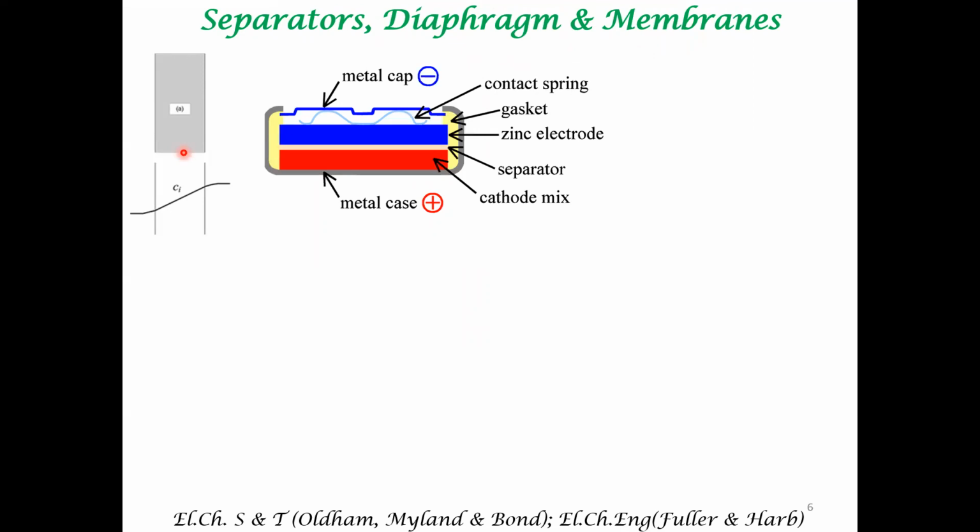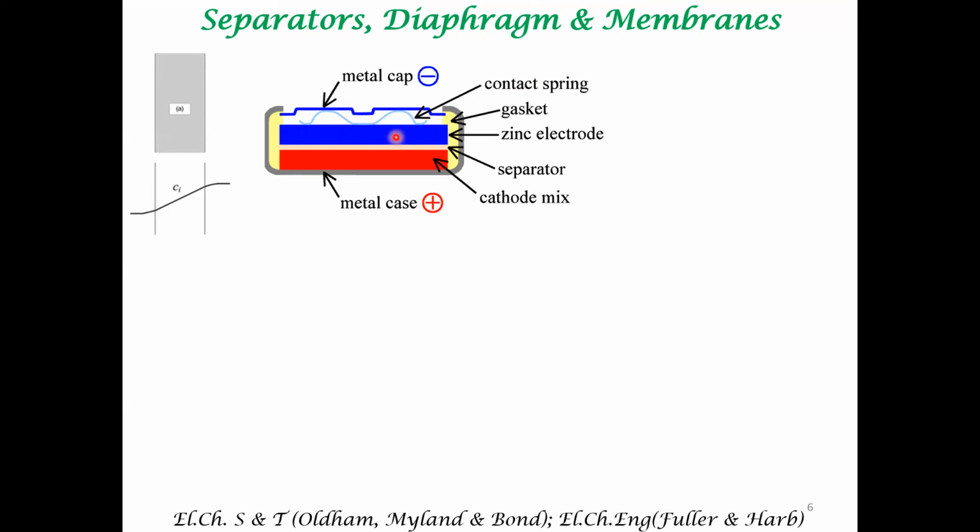For example, if you have, let's say, a battery, you impose certain mechanical effects, for example, in this case, a contact spring, to keep the distance between the two electrodes rather small, and there is some kind of a pressure that is imposed by this contact spring. Okay, so these are tightly packed.